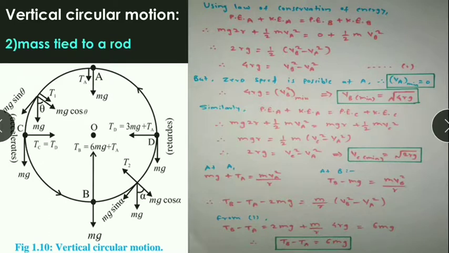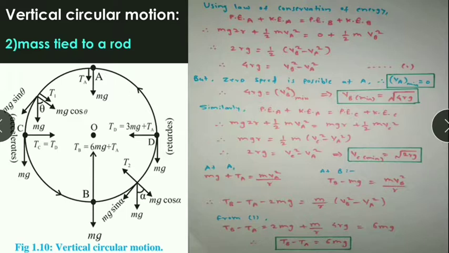Similarly, potential energy at A plus kinetic energy at A is equals to potential energy at C plus kinetic energy at C according to law of conservation of energy. Therefore, mg2r plus half mva square is equals to mgr plus half mvc square.